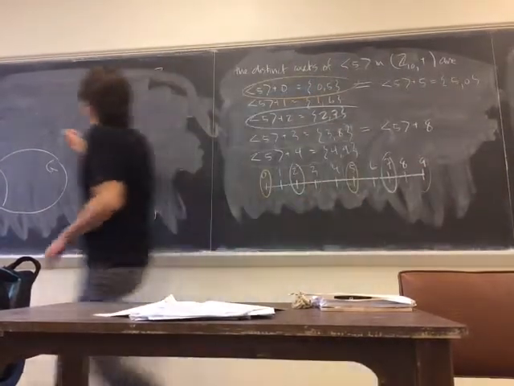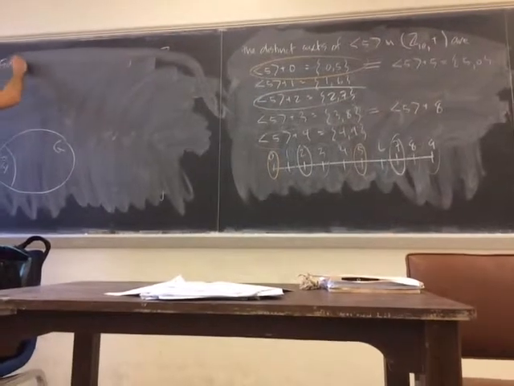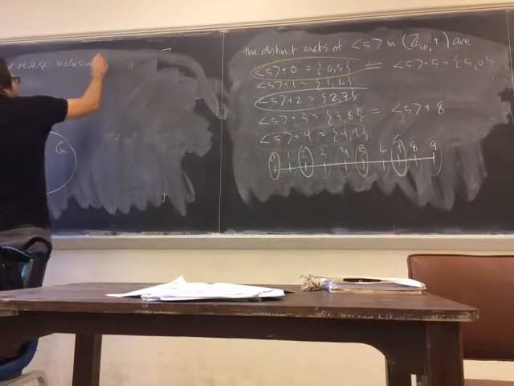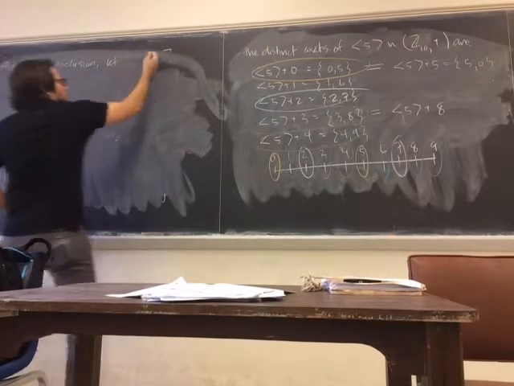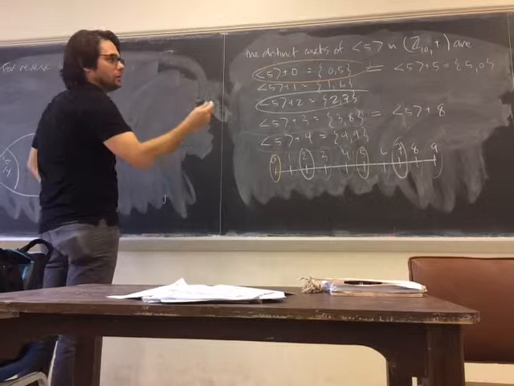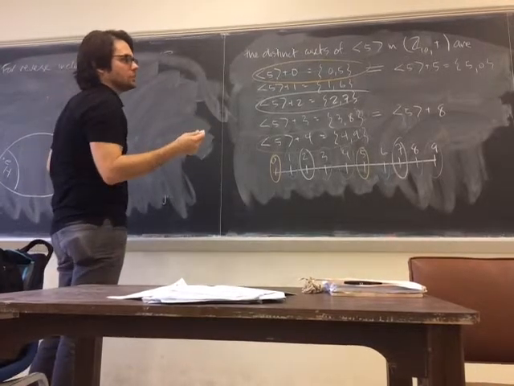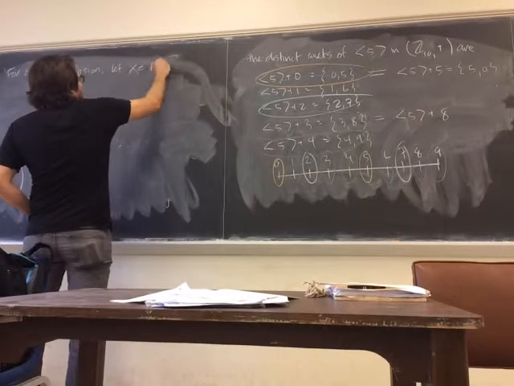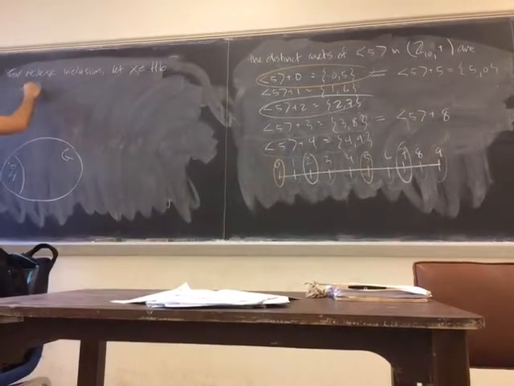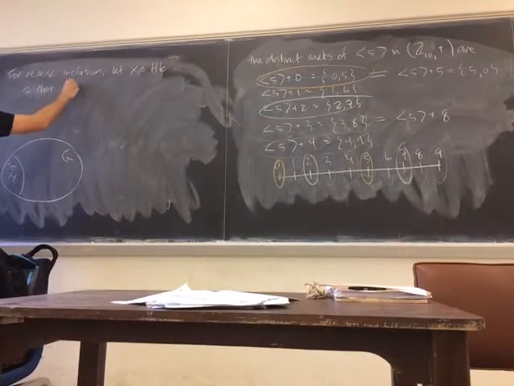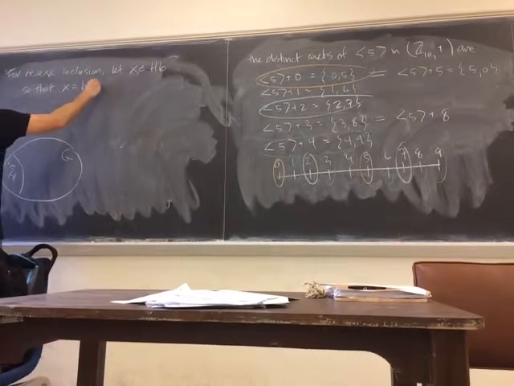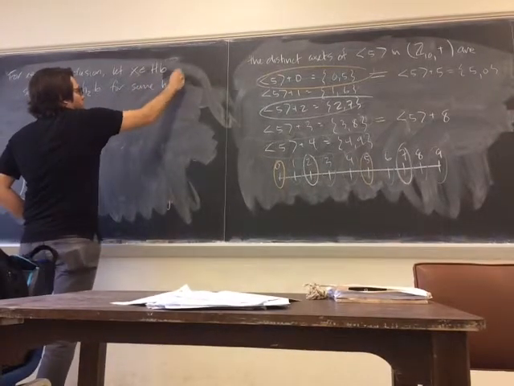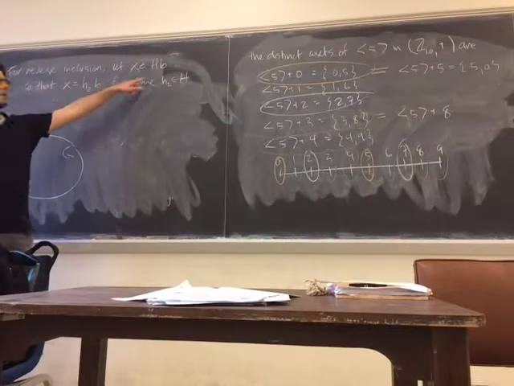All right, so now for the reverse direction, the reverse inclusion, let's let, I don't want to call it a, let's call it x, be an element of HB, so that x is equal to, let's call it h2 b, for some h2 in H. Are you guys comfortable with this, getting used to this notation?